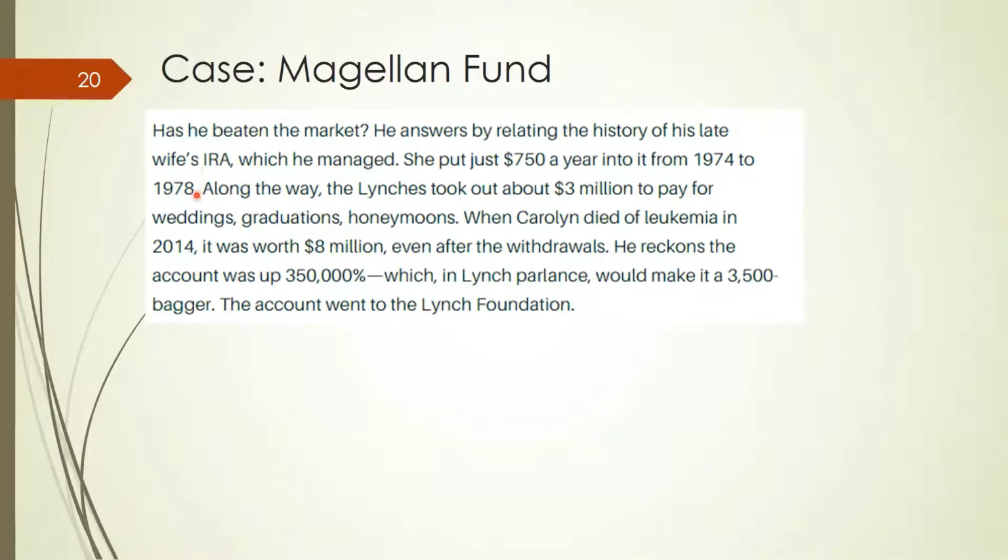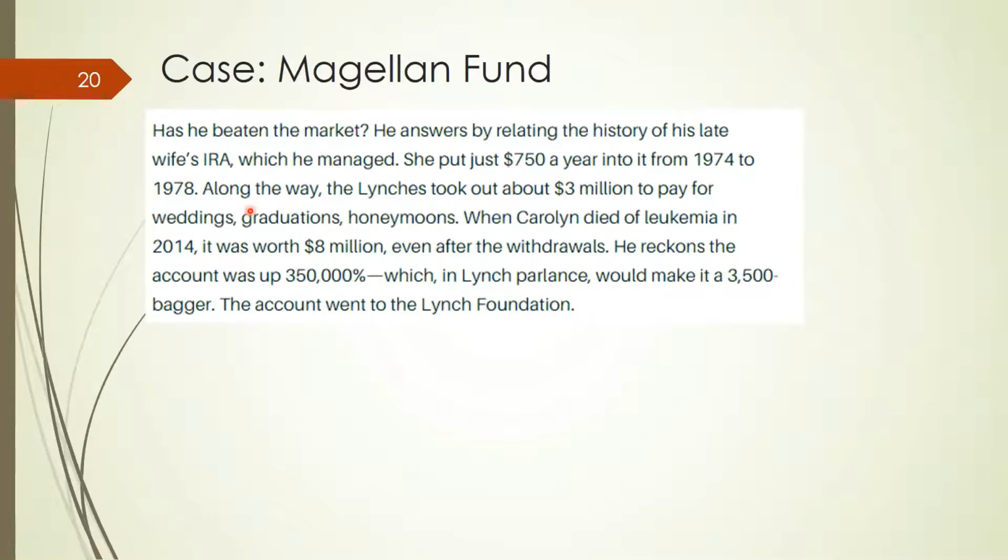In an interview with Barron's last year, Peter Lynch was asked whether he has beaten the market. His answer was to tell a story of his return performance through the history of his late wife's IRA, which he managed. She put in $750 a year into the portfolio from 1974 to 1978.